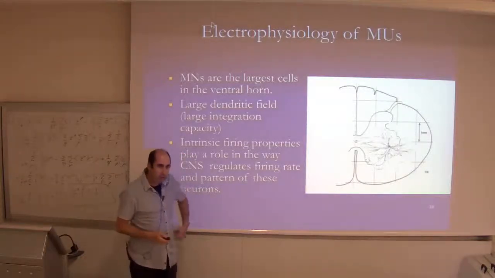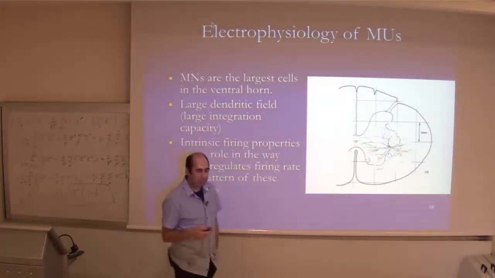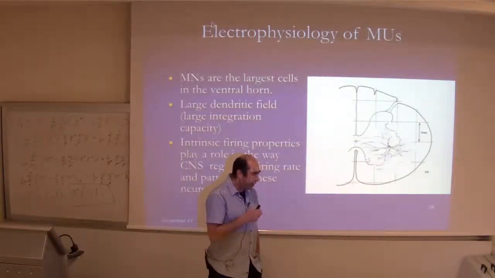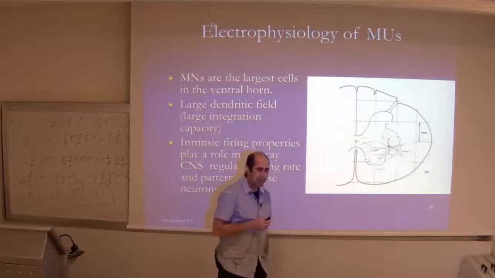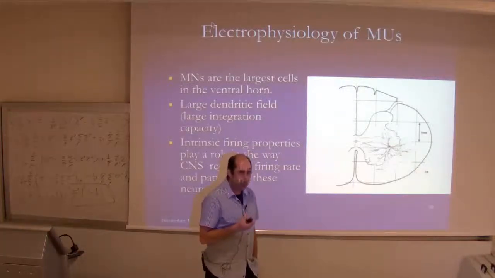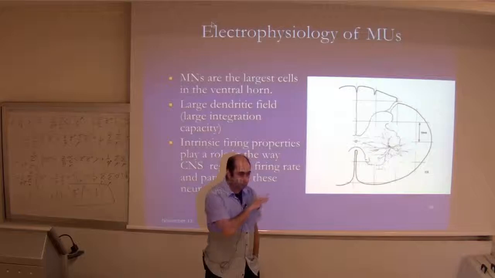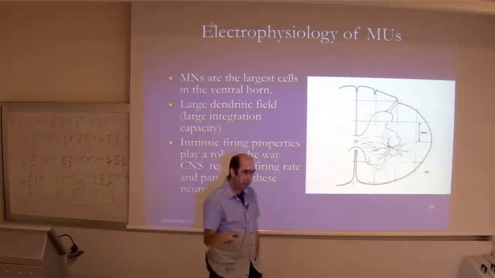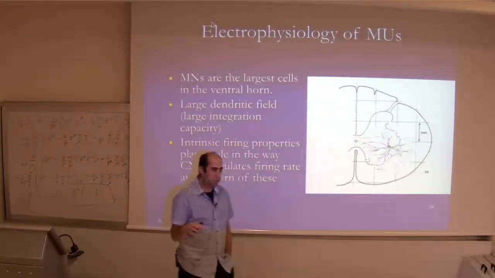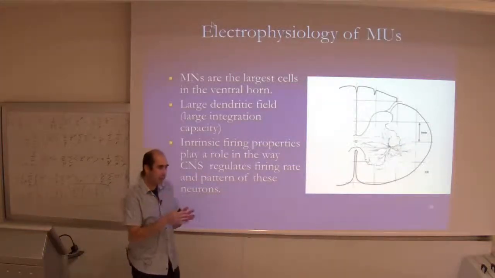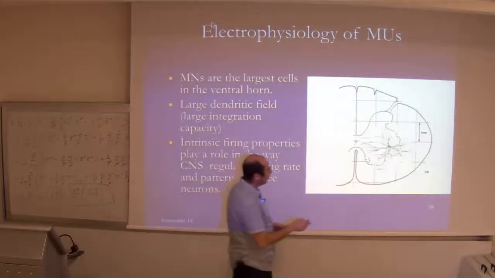And this is part of the reason why later on they became less useful, because people started working on slices, where you can see the neurons under the microscope and target what you want. But with motor neurons, if you cut a slice, you cut almost all the neuron. You don't leave much of it. They're so big, and the slices are like 300 microns. Okay, so this is 1 millimeter.